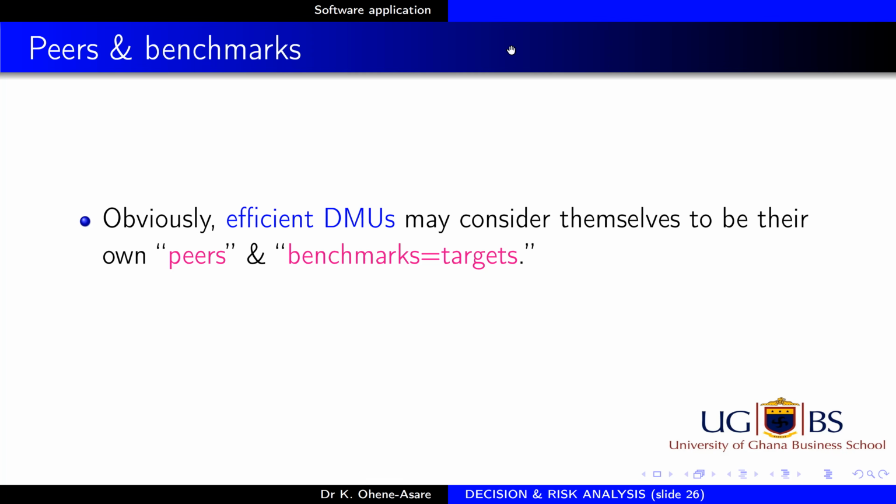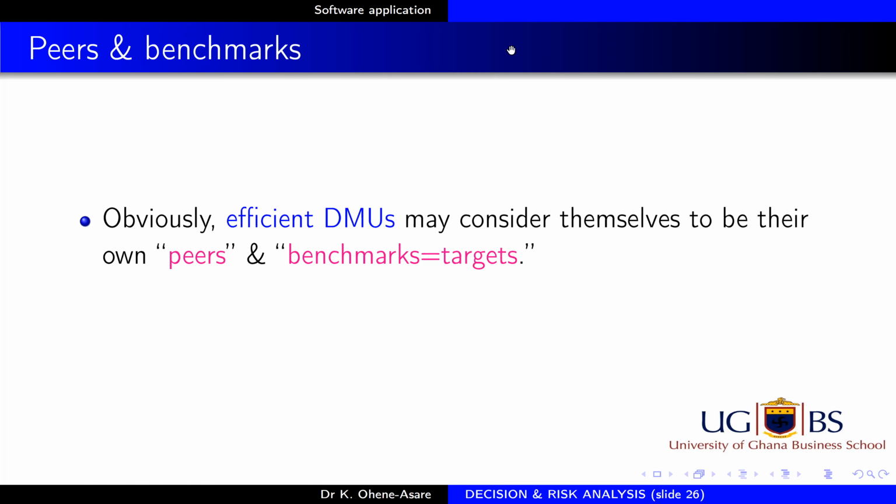Now remember that the targets are hypothetical DMUs. They can be anywhere. The targets can be where the peers are. So when you trace the thing to hit the boundary of the production possibility set, it can hit a point where there's a peer. Peers are real DMUs, real.